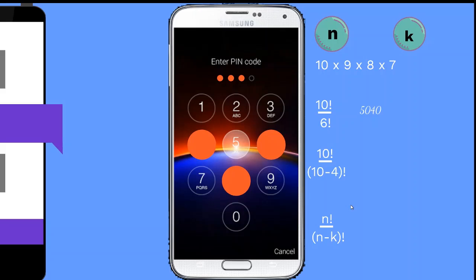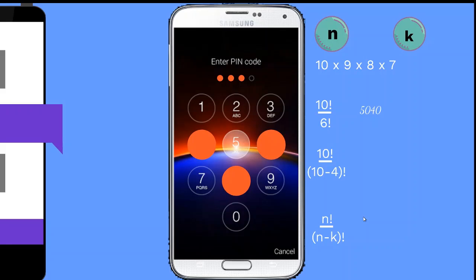Now my friends, this is the formula for permutation: n factorial divided by n minus k factorial, where there is no repetition. If repetition is fine, if repeating is okay, then it is just n to the power k. Very simple. But if repeating is not allowed, then this formula comes: n factorial divided by n minus k factorial.